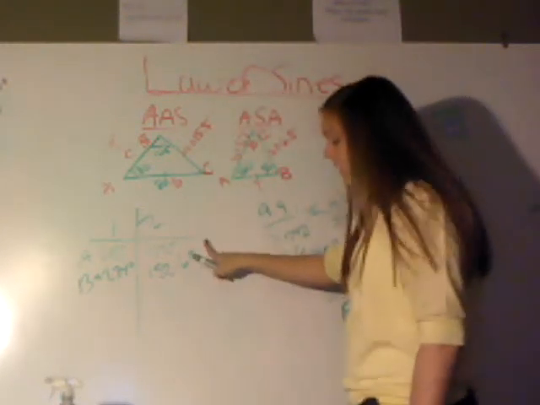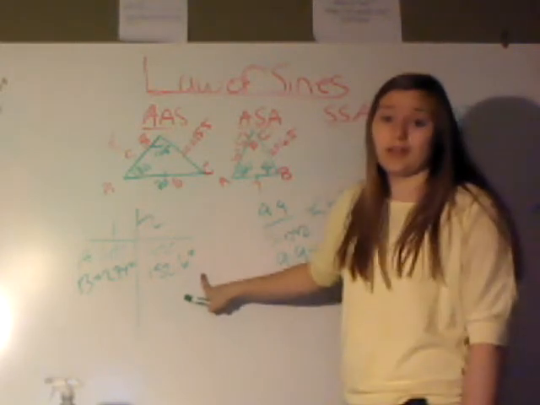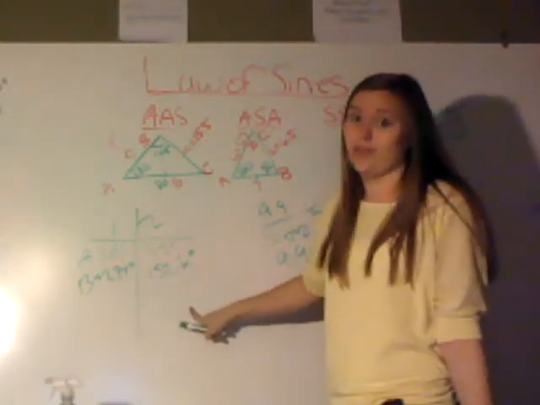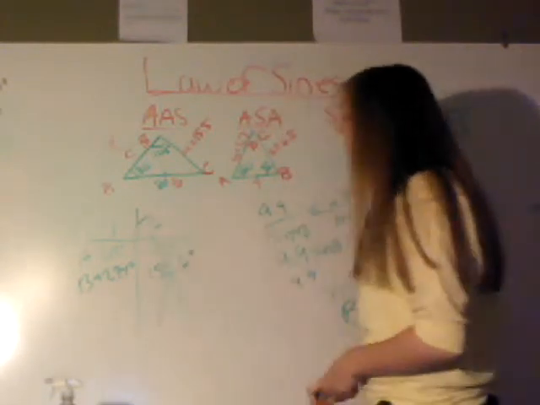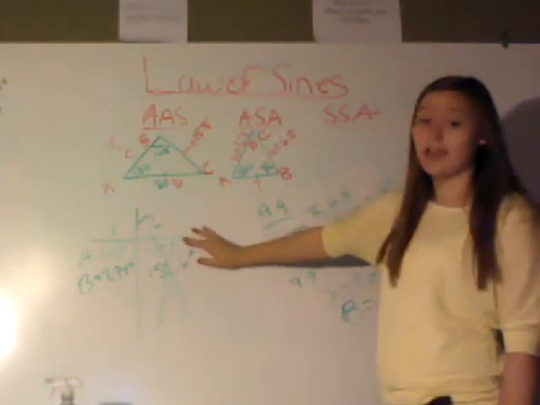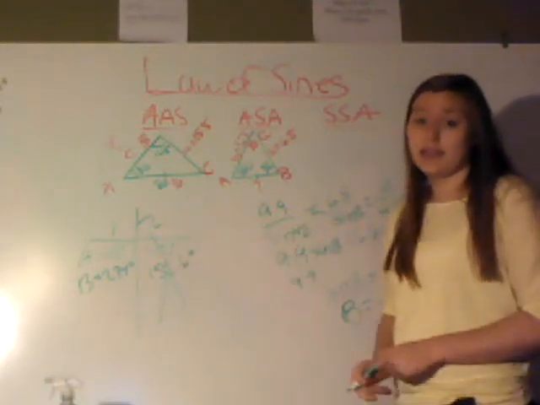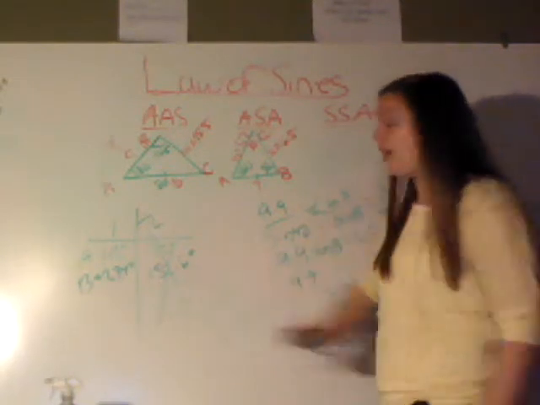Now 42 plus 152.6 equals 194.6. That does not equal 180, therefore we cannot have a third angle. So that is not a triangle. But if it was less, if angle A plus angle B was less than 180, we would actually have a second triangle.